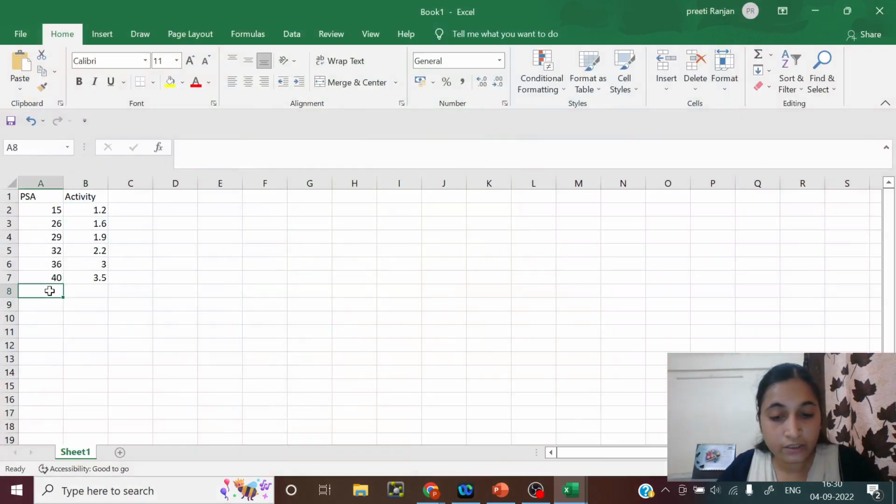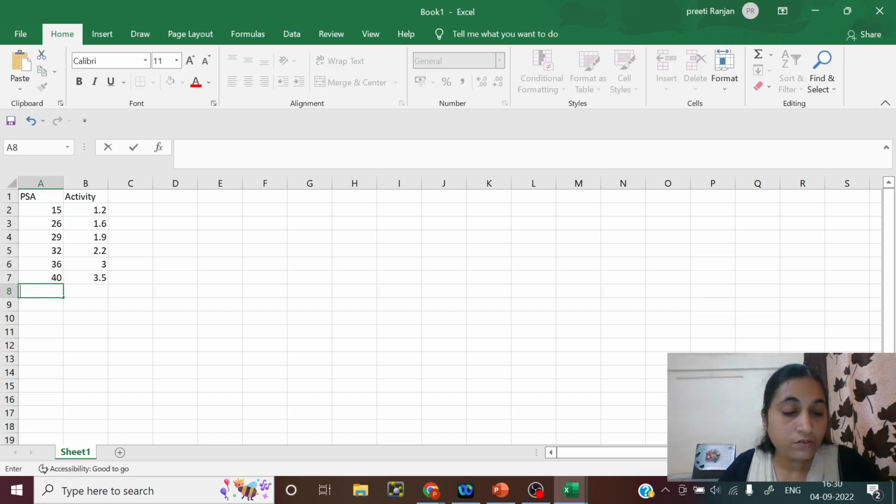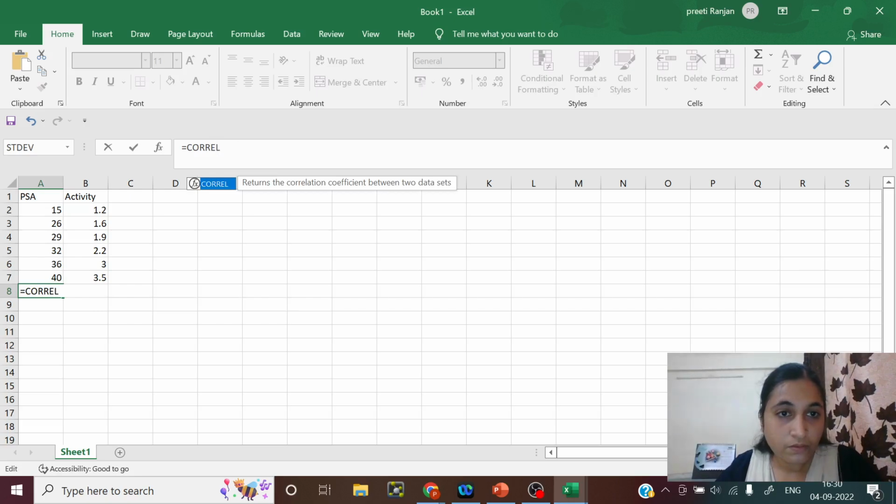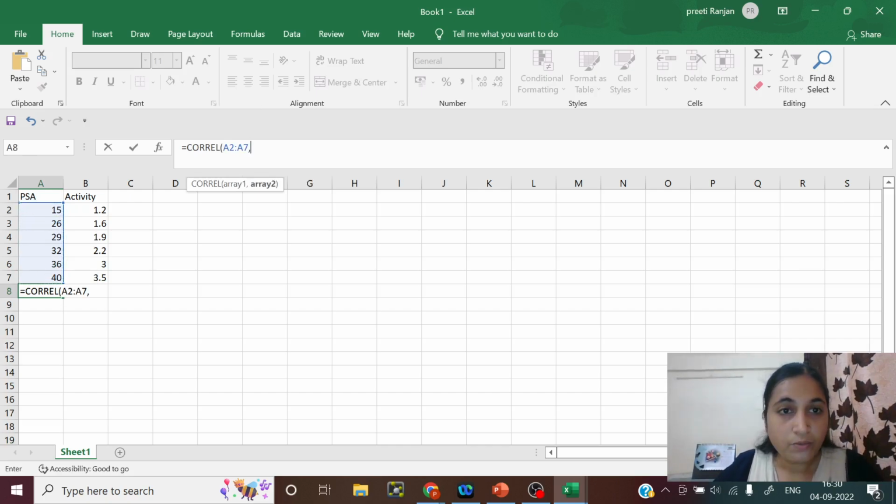So here we will write, it's not coming. In correlation coefficient, we'll add this value, comma, this value.